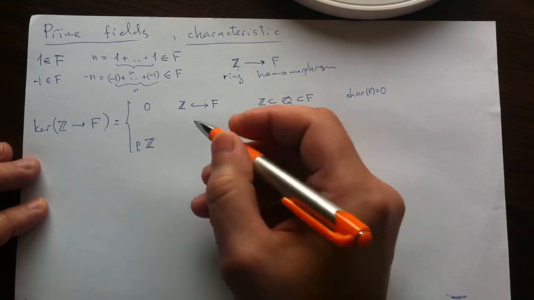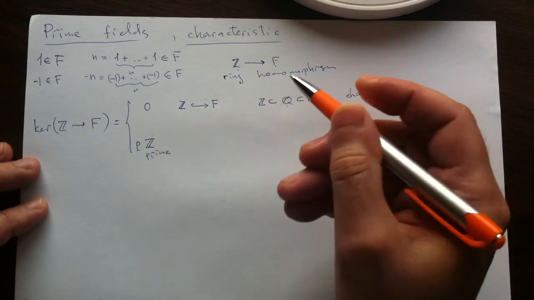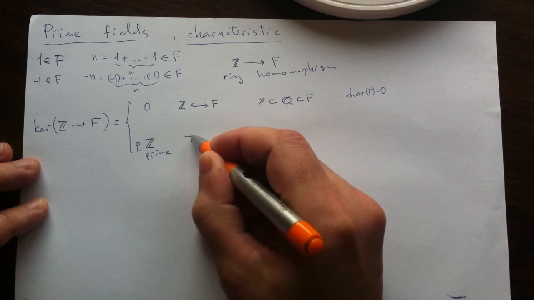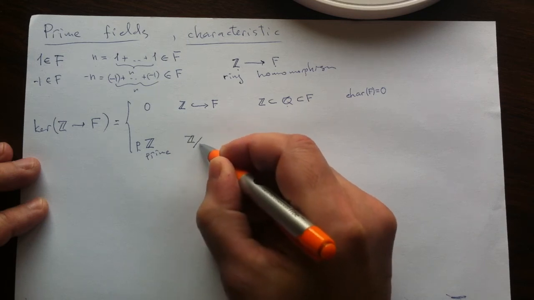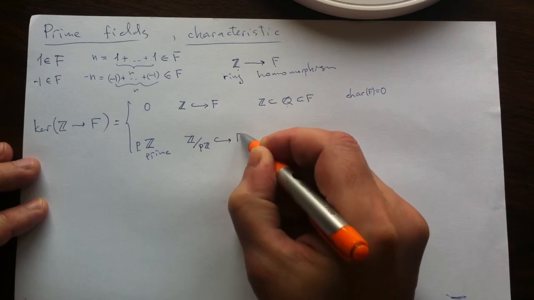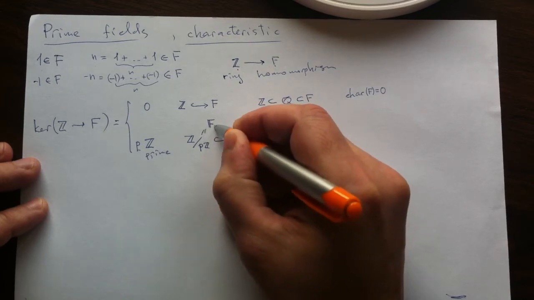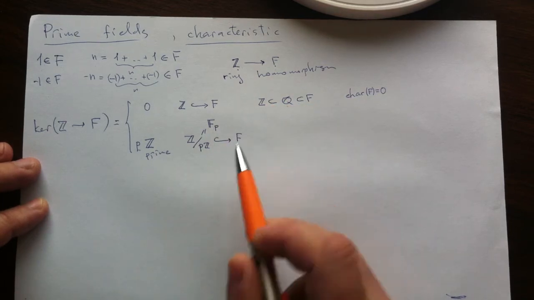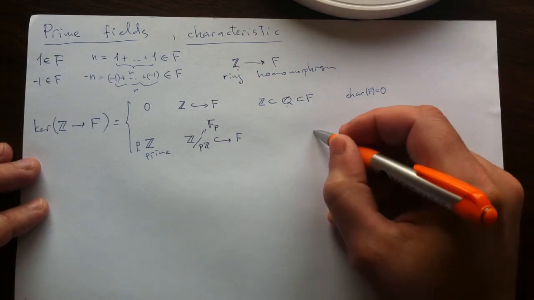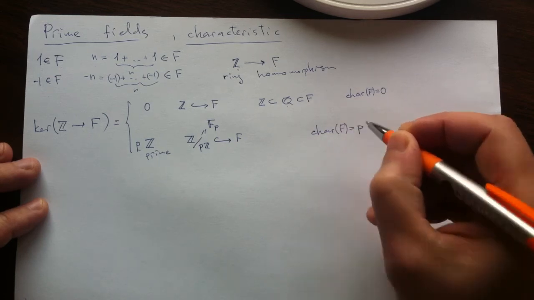That is impossible in a field, so P has to be prime. Then our integers, quotient by this ideal, sit inside the field F. So that quotient is a field, a field of P elements, and it should be a subfield of our field F. That is the case of finite characteristic, of characteristic P.